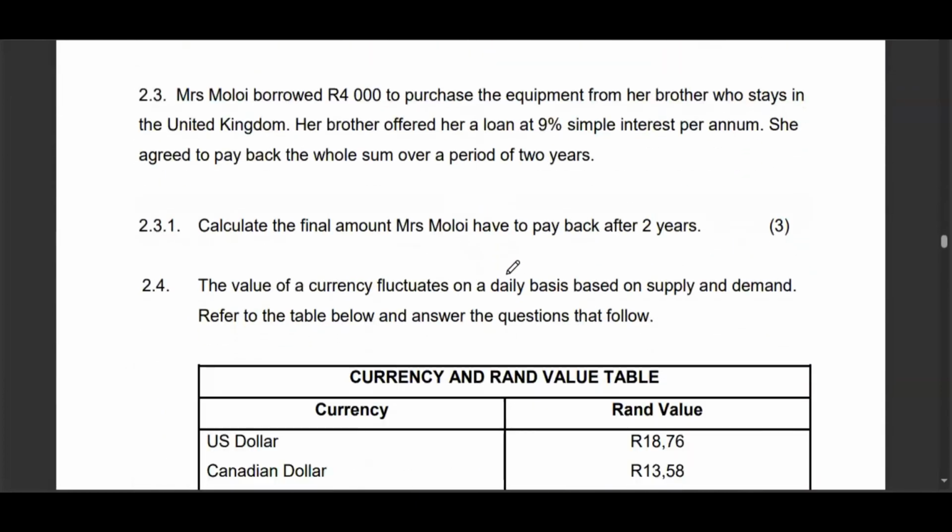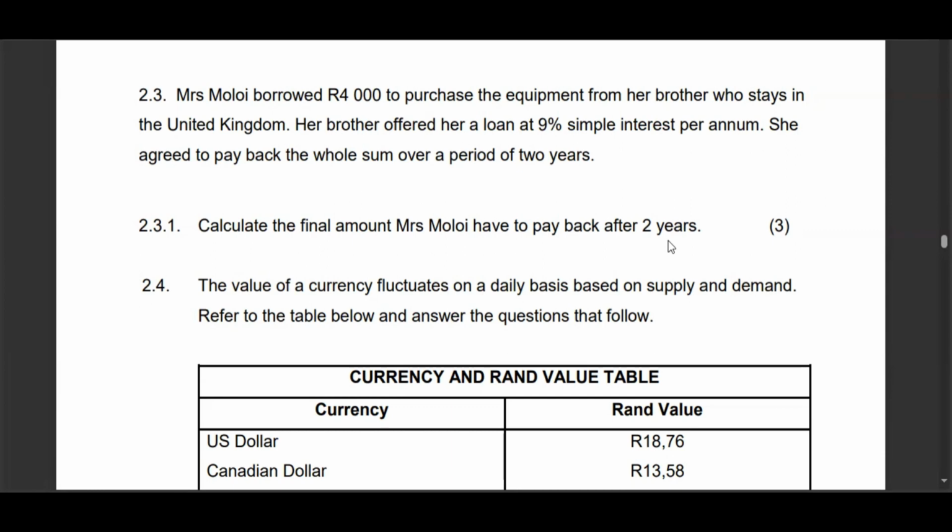2.3. Mrs. Molloy borrowed 4,000 to purchase an equipment from her brother who stays in the United Kingdom. Her brother offered her a loan of 9% simple interest per annum. She agreed to pay back the whole sum over a period of 2 years. Calculate the final amount Mrs. Molloy has to pay back after 2 years.